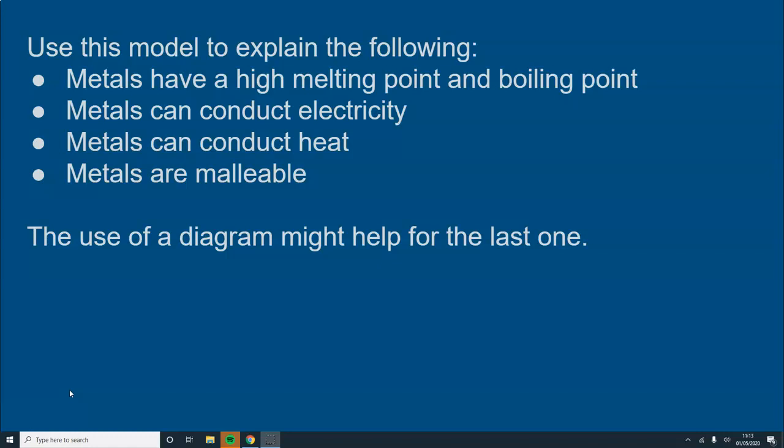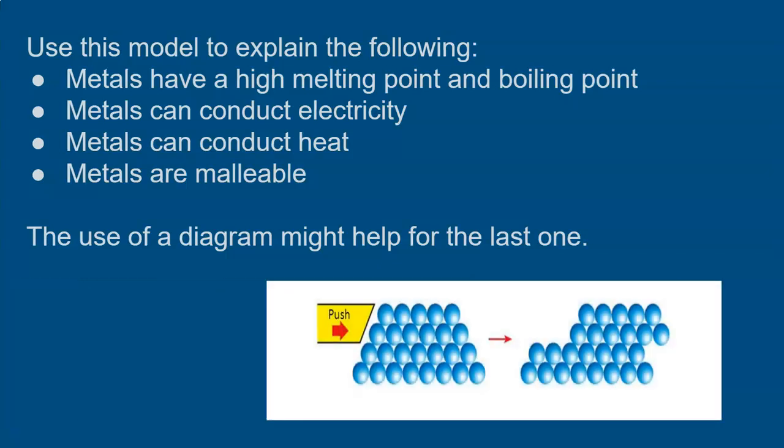Now remember, malleable means that metals can be hammered into shape. And it would be worth you having a diagram of this type in your notes. Look what happens when you put a force on a metal: the layers of atoms slide over one another and they'll just slot into new positions in the lattice.